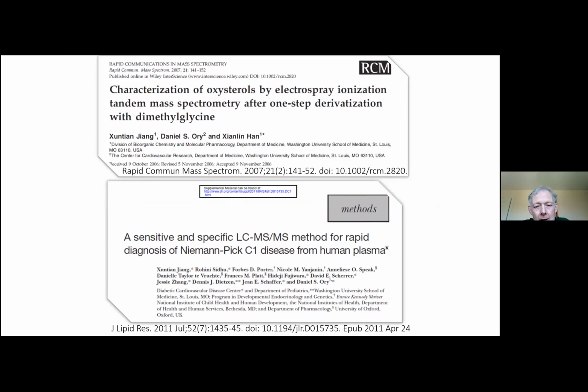Let me now move on to perhaps the most popular method of oxysterol derivatization at the moment, and this is derivatization to make dimethylglycine esters. This comes out from the work of Jiang and Zilan Han's lab, and they were working with Daniel Ori.